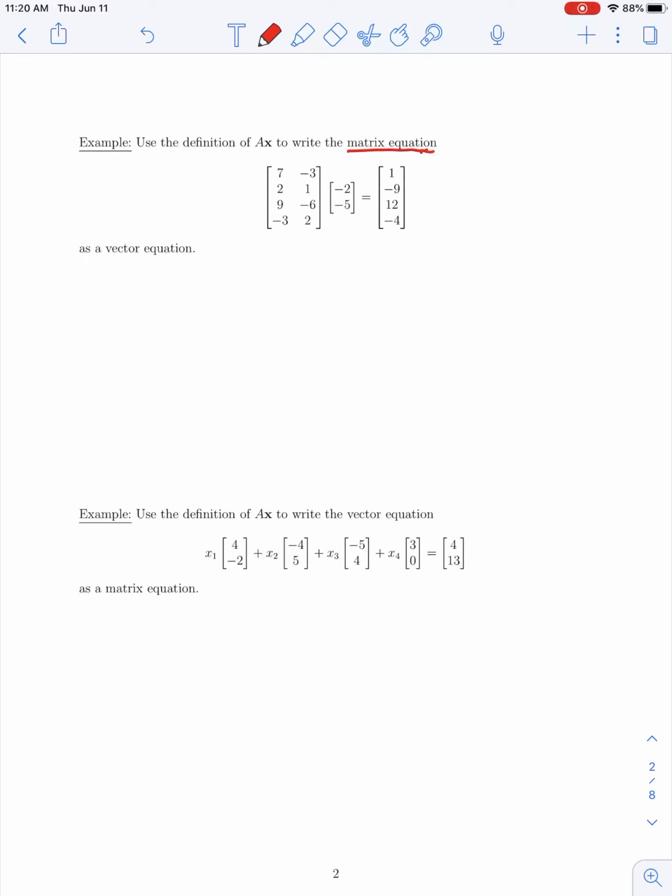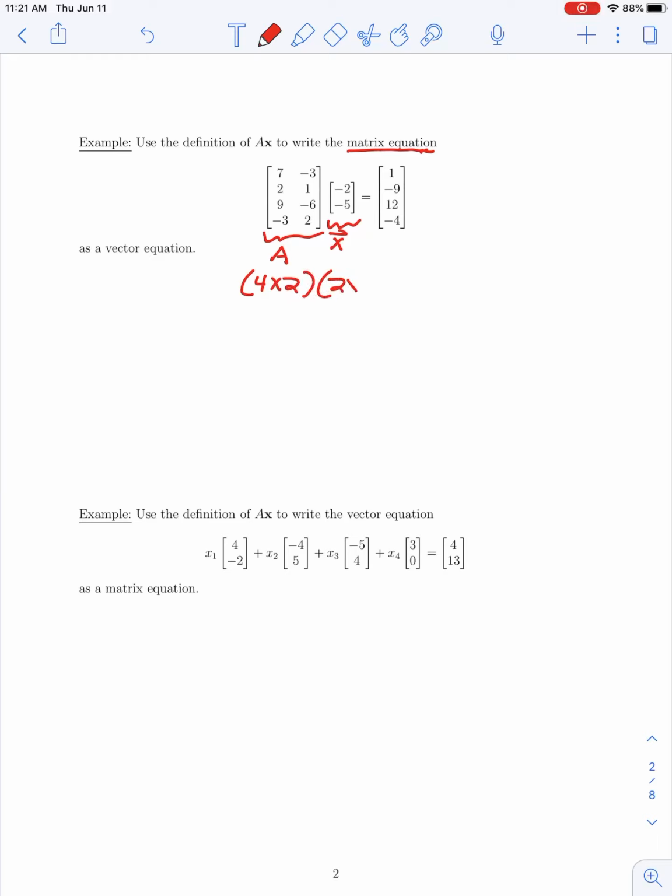So here we are multiplying a matrix A, which is a 4 by 2 matrix, by some vector x, which is a 2 by 1 matrix. So the product will be defined. So a little review here. For A, we had a 4 by 2.